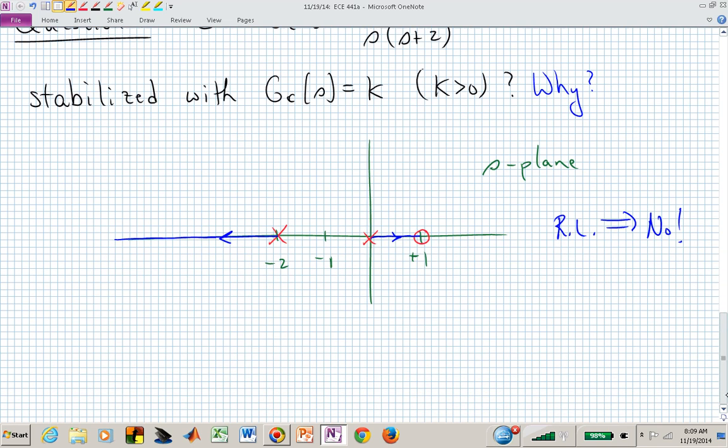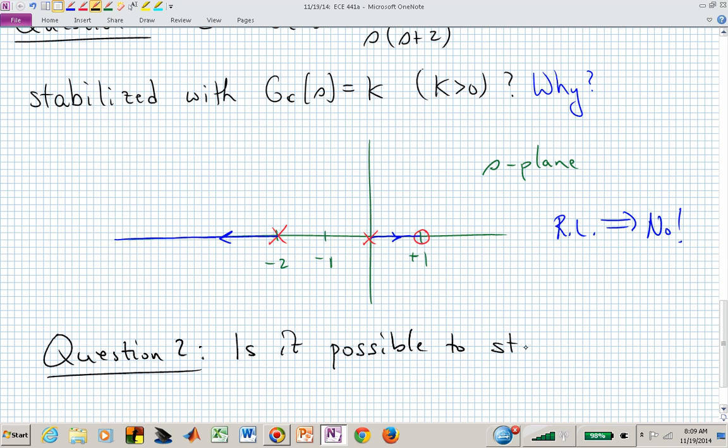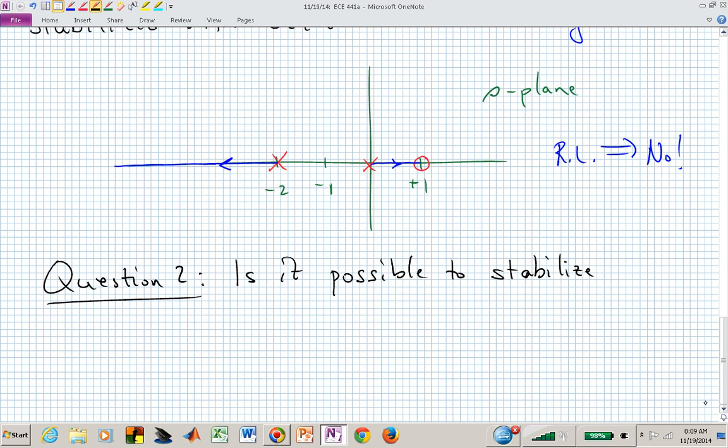Let's ask another question with that same system. Question 2. Is it possible to stabilize that with a first order controller? Is it possible to stabilize the plant G of S?